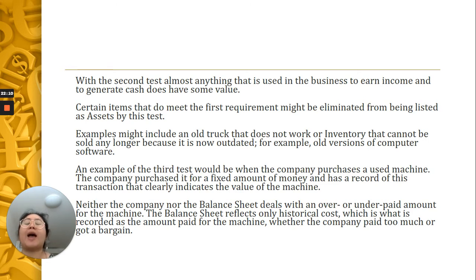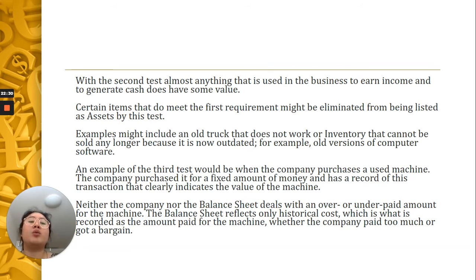The old version of the computer software. The second is anything that's used in business that can earn income and generate cash, that has some value.